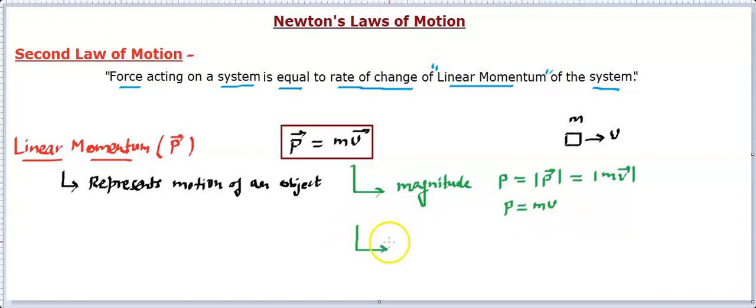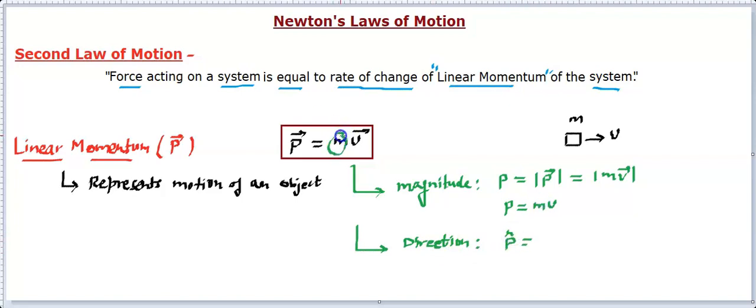What about the direction of p? Where will this linear momentum vector be pointing? Since it's a vector, we need to know these two things, because they are critical for a vector. Once we know them, we can use that vector for addition, subtraction, differentiation, and other purposes. When we talk about the direction of p, m is a positive number.